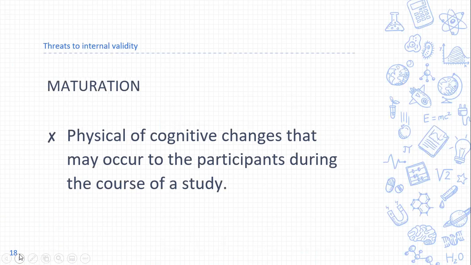So next we have maturation, which is the physical or cognitive changes that may occur to the participants during the course of a study. This is especially difficult with children. In the case of single case studies, maturation could mess with the data of the study.